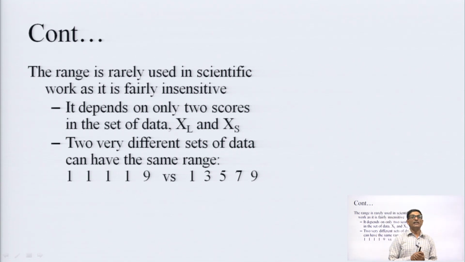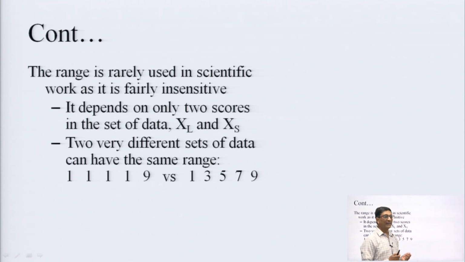Now, the range is rarely used in scientific work, as it is fairly insensitive, since it depends on only two scores in the set of data: x l, that is the largest score, and x s, the smallest score. Second point, two very different sets of data can have the same range.